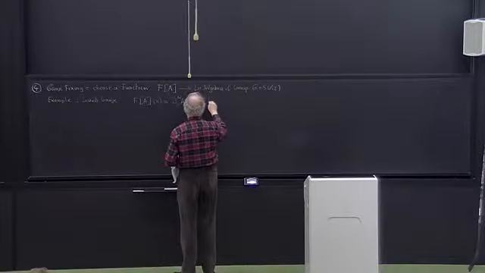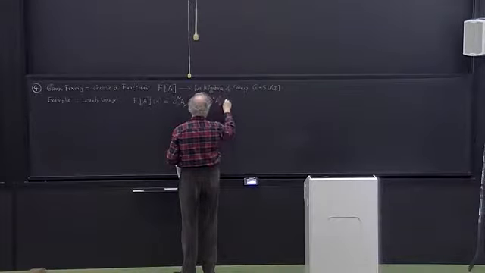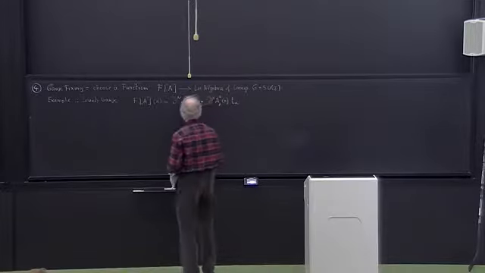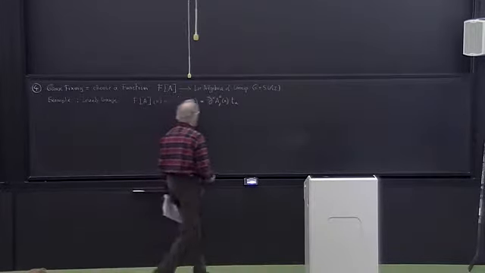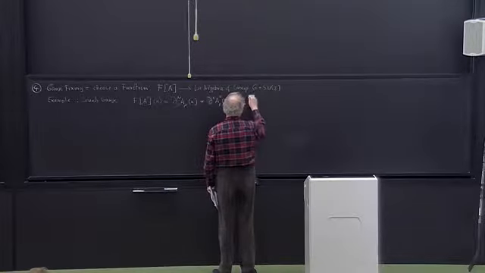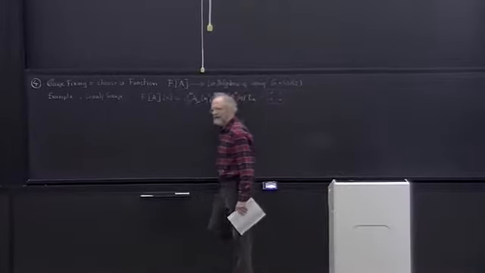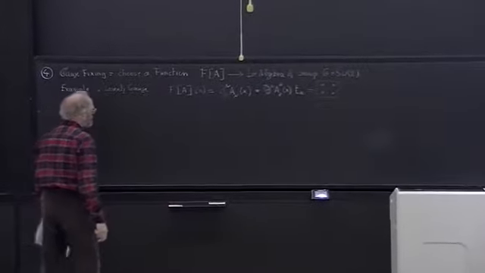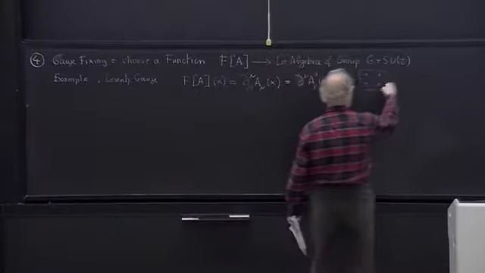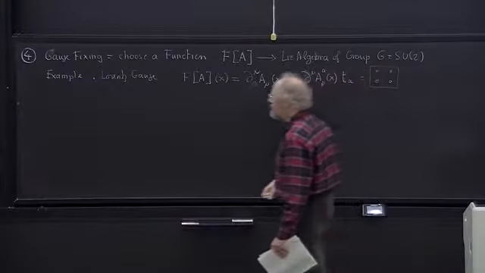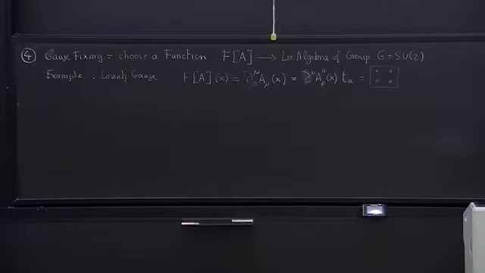So it's d mu A^a of x times T^a, which is a traceless 2x2 Hermitian matrix. And the condition is that this function is 0. And this picks a transformation.